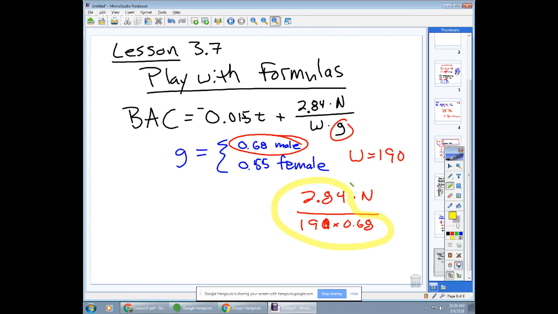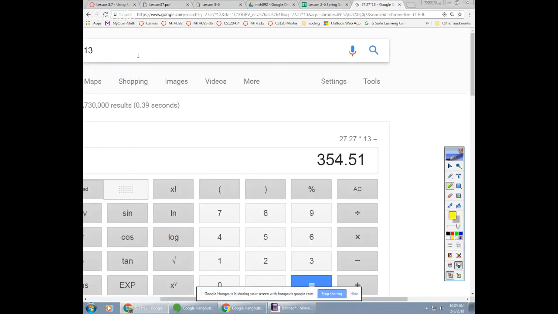So on a calculator, what is 2.84 divided by 190 and divided by 0.68? Our worksheet claims it's 0.022. So we want to confirm that. So whipping out a calculator.